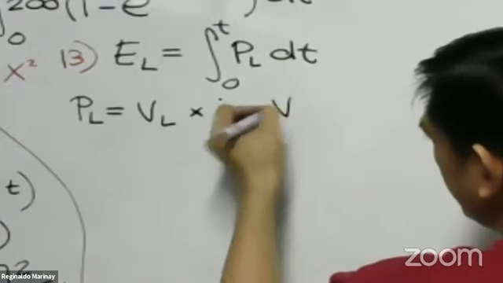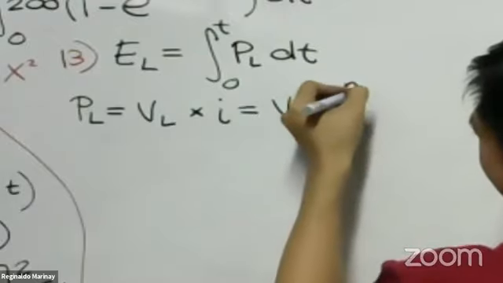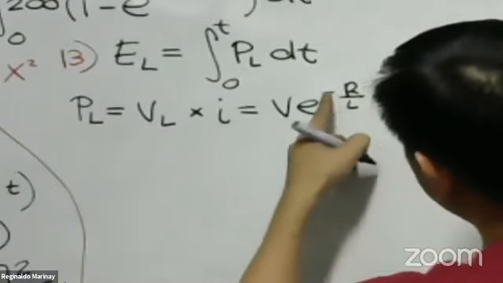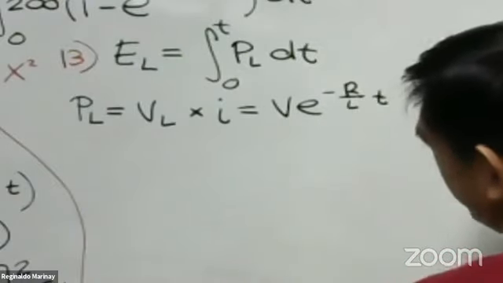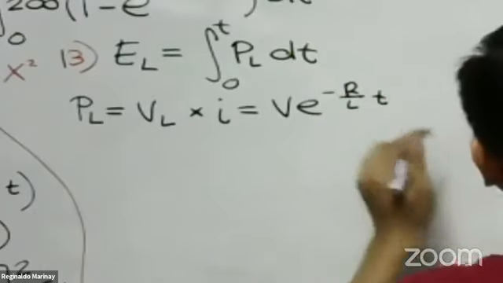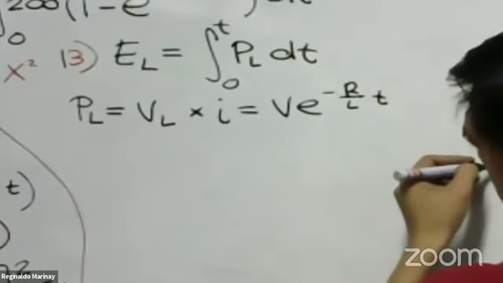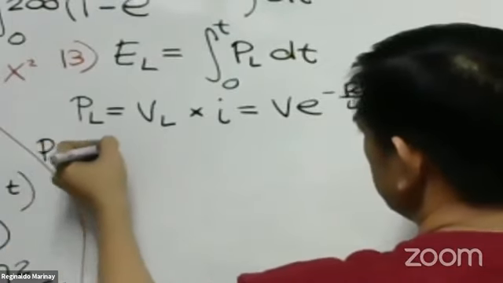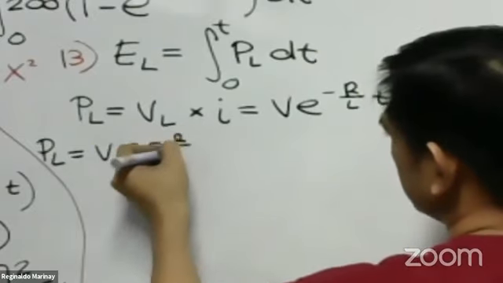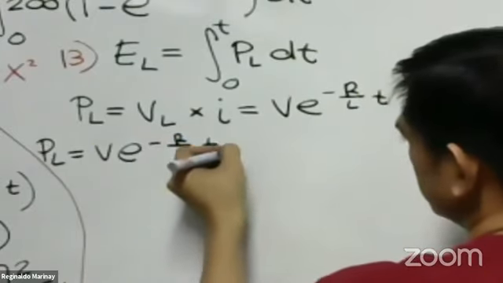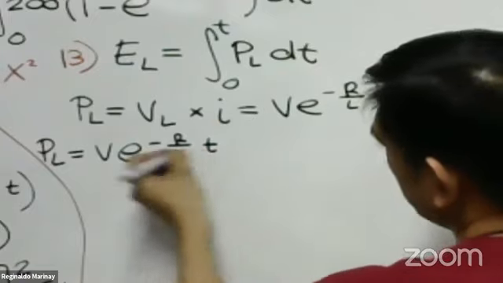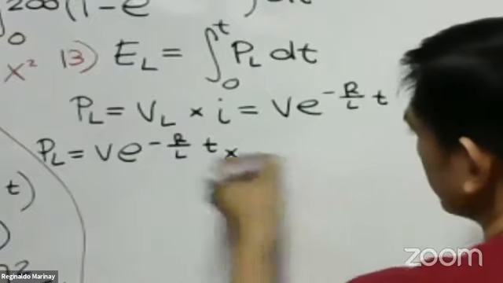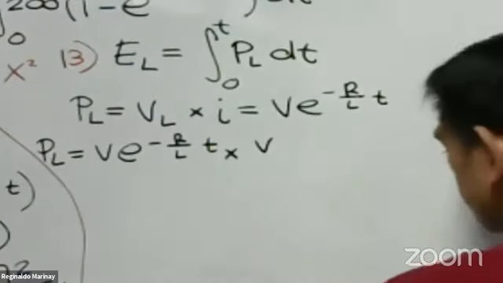VL is V e raised to negative R over L times t. Then multiplied by I. So our PL is V e raised to negative R over L times t, multiplied by I. What is then our I? V over R.